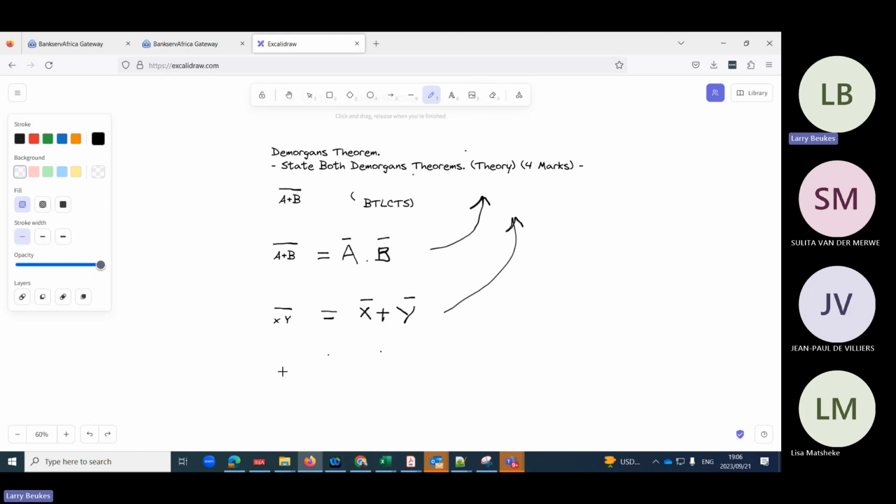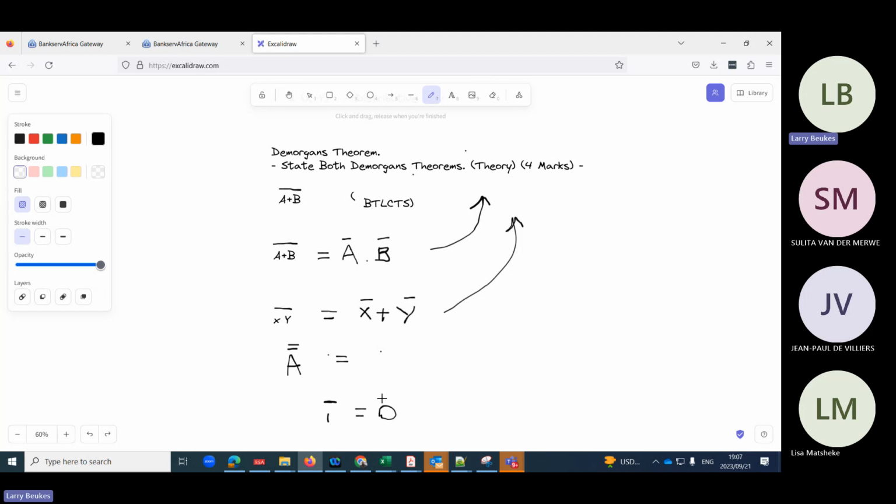So again, another law, which normally goes with De Morgan's theorem, is the double complement. Remember A complement, A complement: if this was a 1, it really means 0, right? If the light was on in your room, then we invert it, we get the opposite, so it's off.